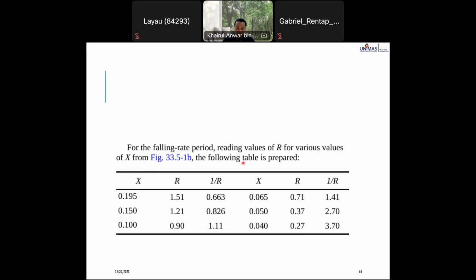For the falling rate period, reading values of R for various values of X from figure 9.5-1b, the following table is prepared.